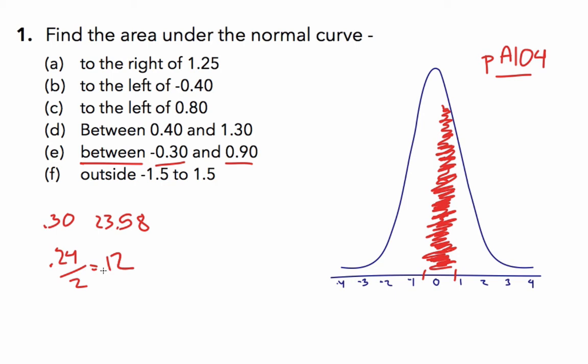This is the area between 0 and negative 0.3. The area associated with 0.9 is 63.19, and half is 0.315. This is the area between 0 and positive 0.9. If we add those two areas together, we get our answer, which is 44%.